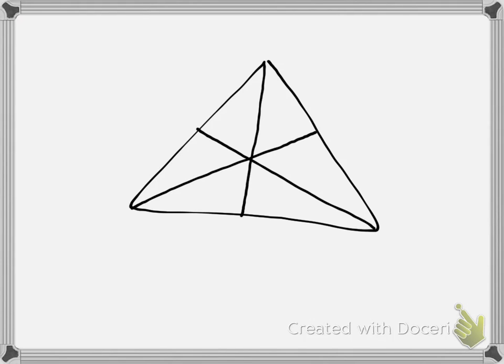One of the things about a centroid is, let's say if this little section right here is 3, this one right here is 3. Well, this one right here is also going to be 2 parts of 3. This one is the smaller section, whereas this is the long section. So if this shorter one is 3, then this divides it into 2 equal parts that are also 3.